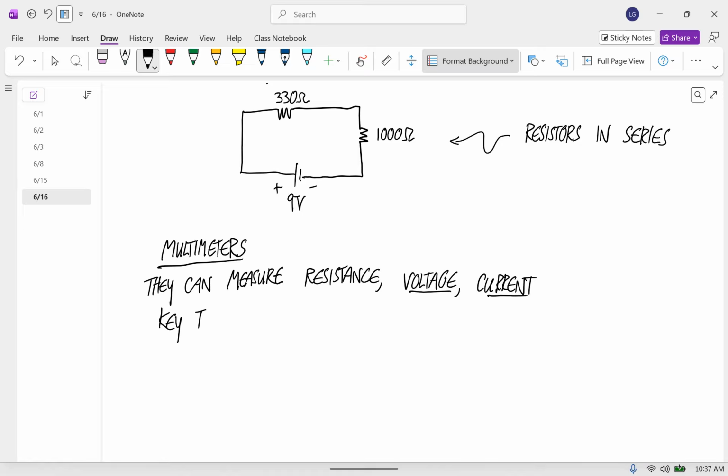So these are the key things to remember when you're using multimeters.